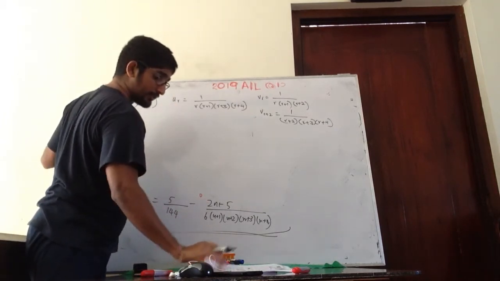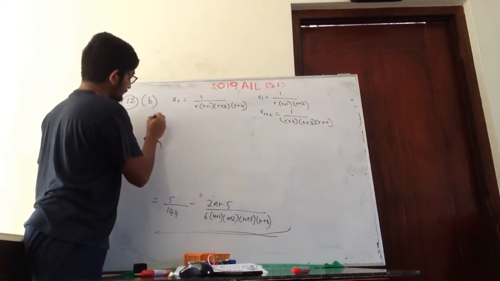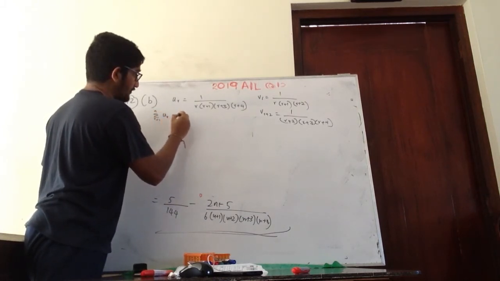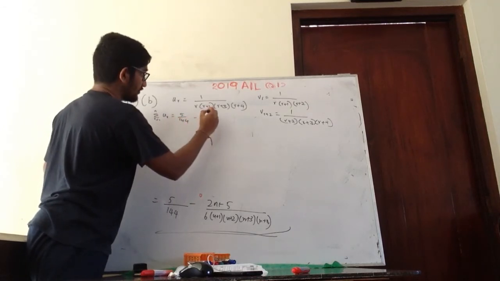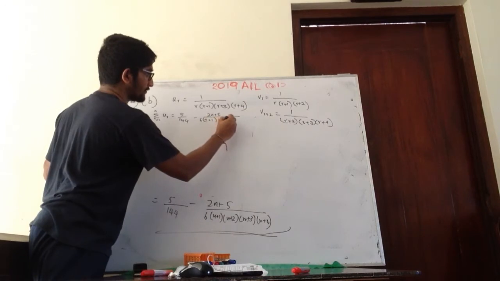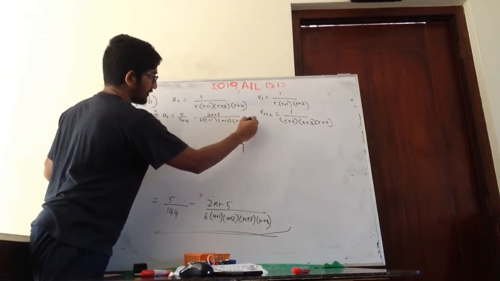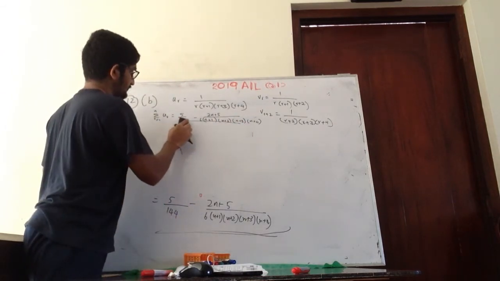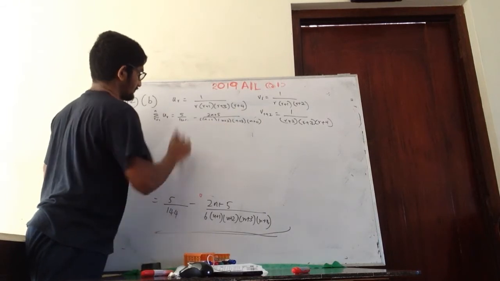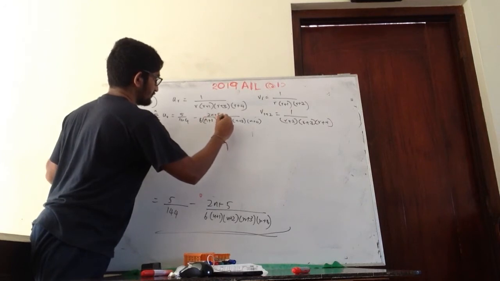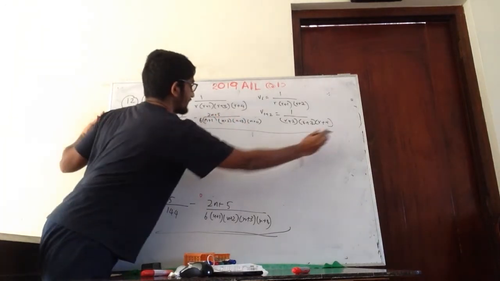So I know that sum over R equals 1 to n, UR is equal to 5 over 144, 2n plus 5, 6, n plus 1, n plus 2, n plus 3, n plus 4. So these are the things that we have found already.